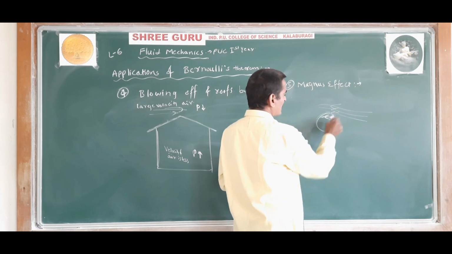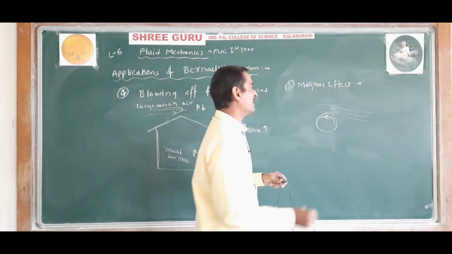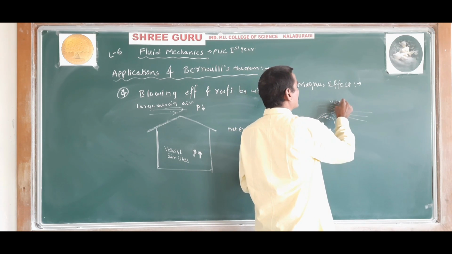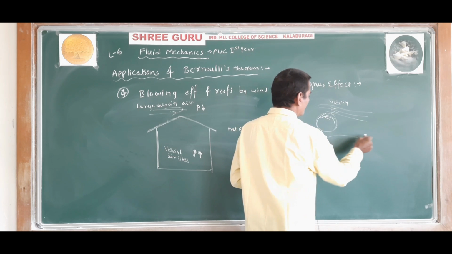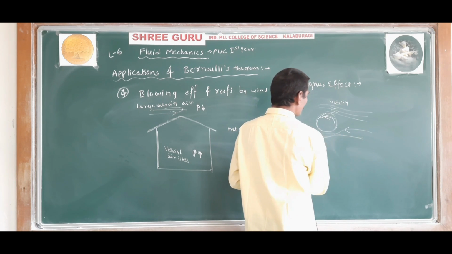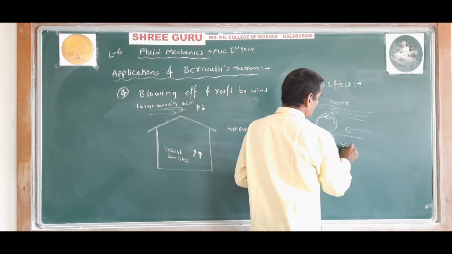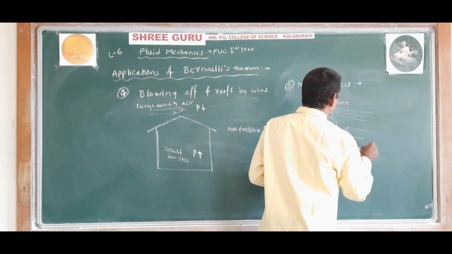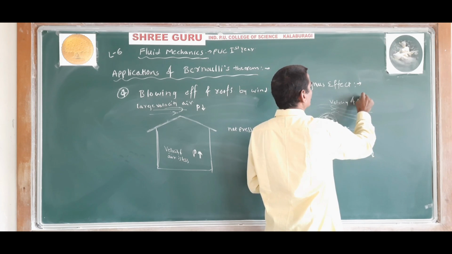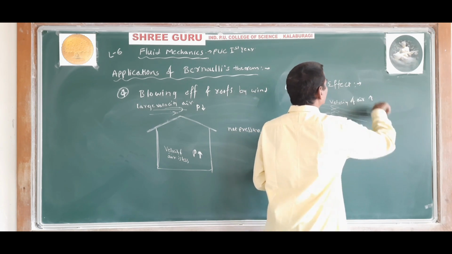The velocity of the air above the ball will be larger, whereas the velocity of the air below the ball will be smaller.